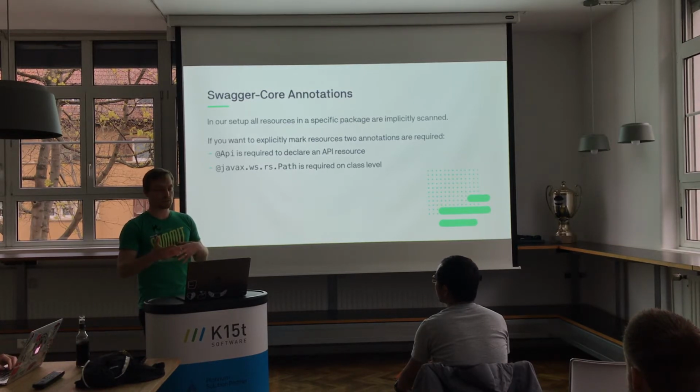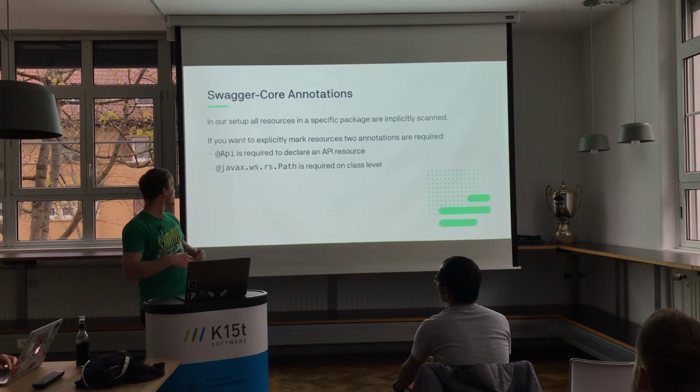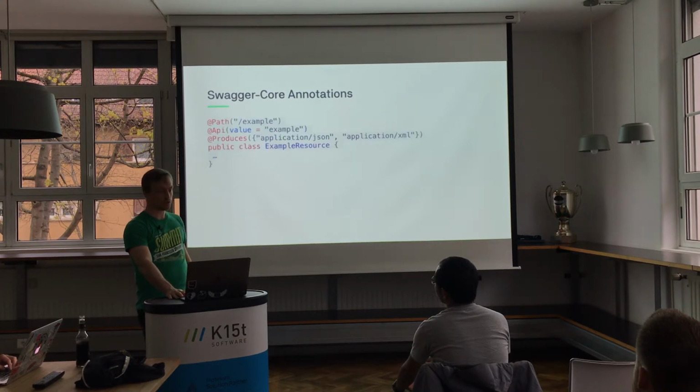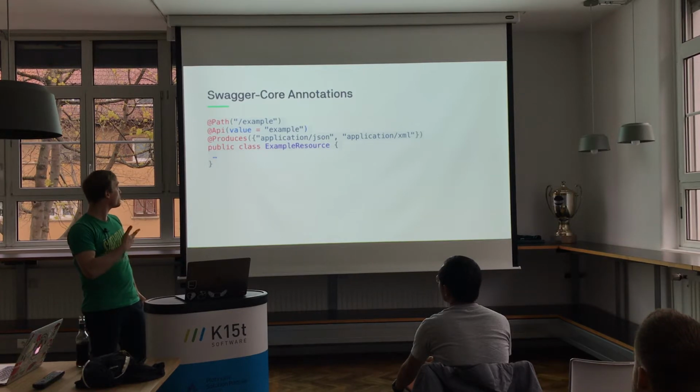But in other setups, the minimum requirement of annotations you need on a resource to get it parsed correctly is an @Api annotation and the @Path annotation of the JAX-RS service. If you look at a resource as an example, we have the path to our REST endpoint called example.